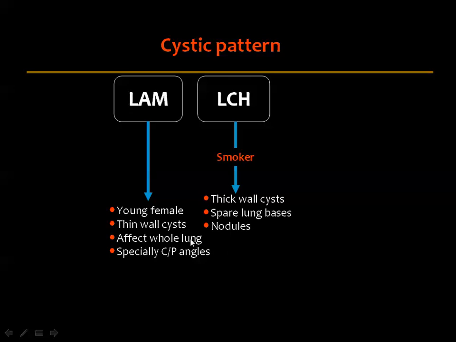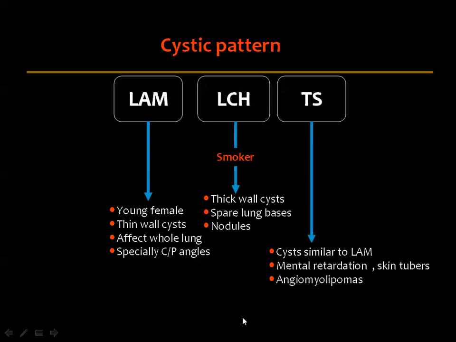They affect the whole lung, especially the costophrenic angles. Patients with tuberous sclerosis have cysts similar to lymphangioleiomyomatosis, especially in female patients. They may have mental retardation and the skin lesions of tuberous sclerosis, and of course, angiomyolipomas in the kidneys and other parts of the abdomen.